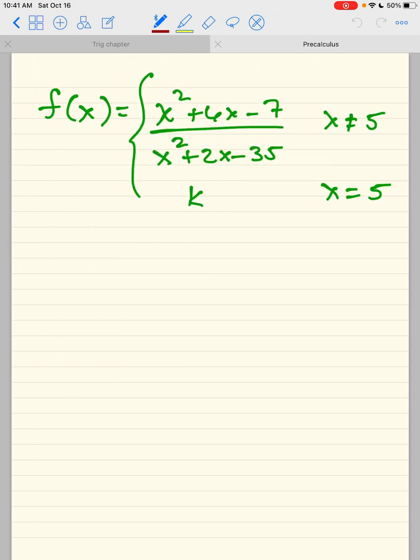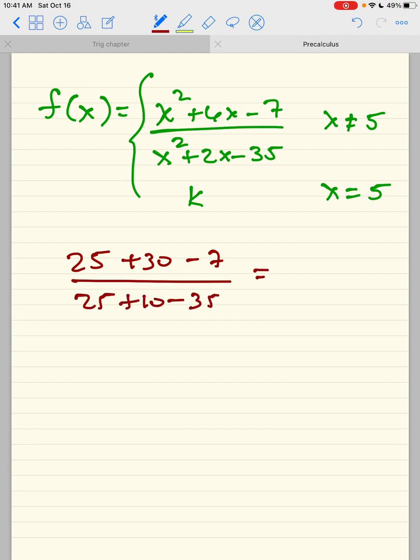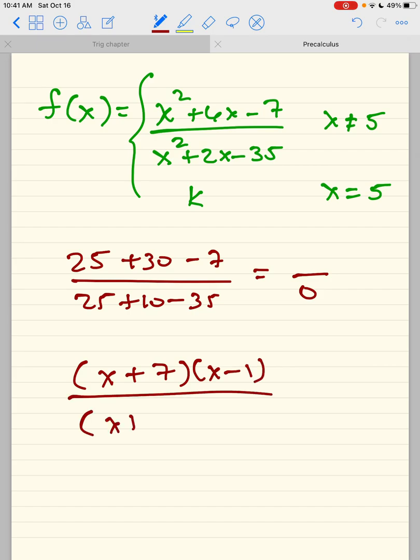Last problem. I think this one will be nice. If you plug in 5, you get 25 plus 30 minus 7. And then the same here. You get 25 plus 10 minus 35. 0 on the bottom. The top gives you a number. Let's factor. X plus 7, X minus 1. X plus 7, X minus 5. Cross these off.